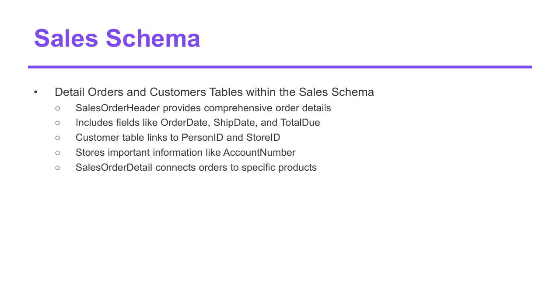The customer table links to both person ID and store ID, connecting individual buyers or store accounts, and stores vital information such as the account number for identification. Lastly, the sales order detail table plays a crucial role by linking each order to the specific products purchased, helping us understand exactly what items were included in each sale. Understanding these relationships is essential for designing test cases that validate both order processing and customer data integrity.